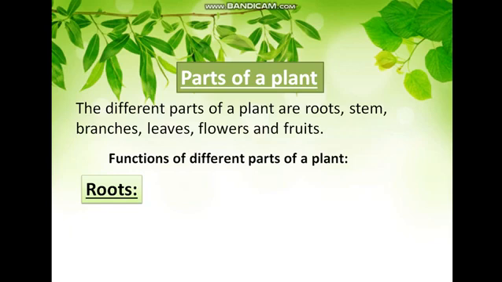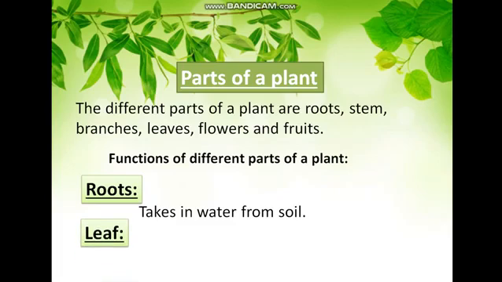First is root. What is the function of a root? It takes in water from the soil. All of you know this part is under the ground and it takes the water from the soil. Leaf. What's the color of the leaf? Mostly green. And what is the function of it? It makes food for the plants.